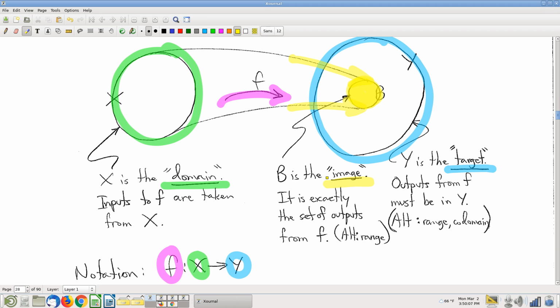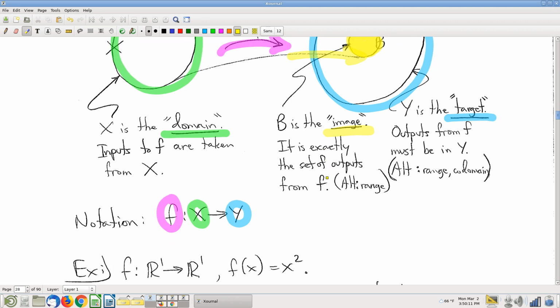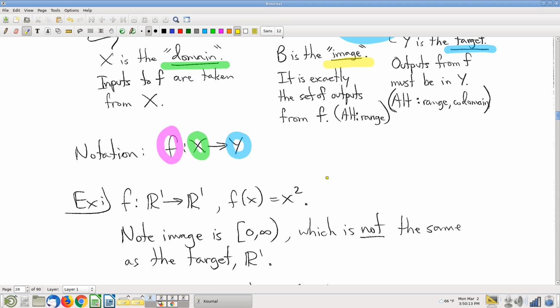I want to talk about the importance of the difference between image and target. So here's an example. We've got a function here, my formula for my function, f of x equals x squared. Now, I want to think of that function as defined on R1, so on all real values.